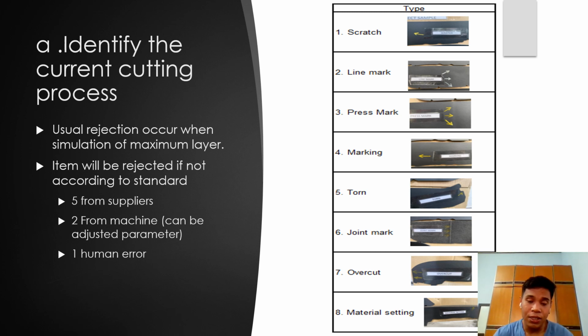We can adjust the parameter and the setting, and the one defect is from human error, which is material setting. They need to load the material very nicely to avoid this thing from happening.